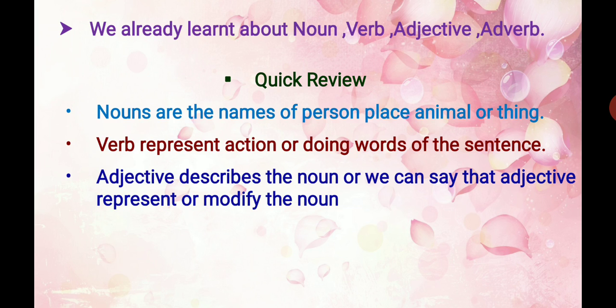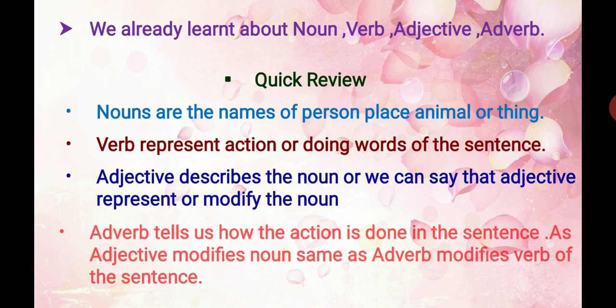What does the adjective represent in the sentence? An adjective describes the noun, or we can say that an adjective modifies the noun. It tells more about the noun. That's why they are also called the describing words.